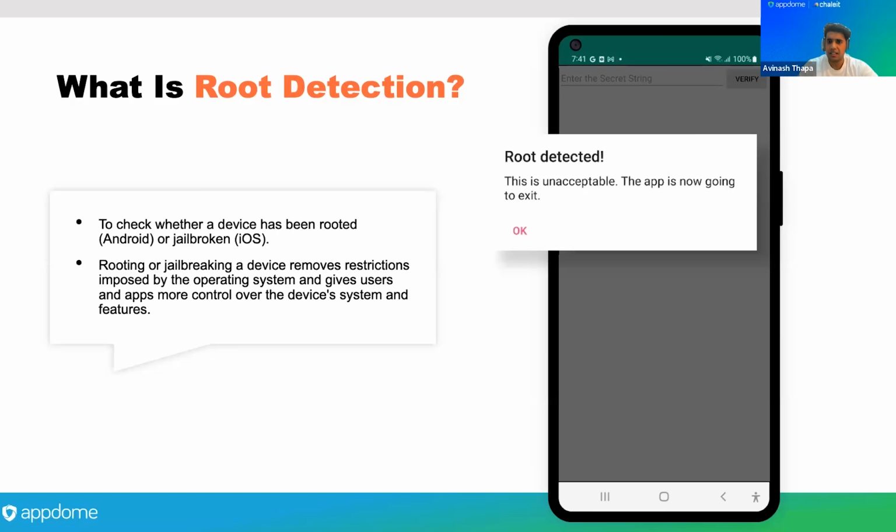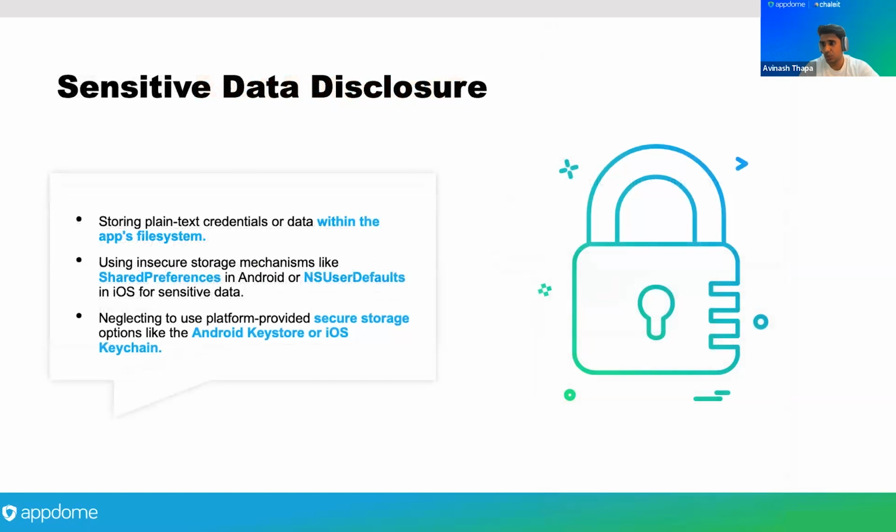After that, another major issue that every application faces is sensitive data exposure. Whenever we log into an application, we send a username and password, it generates a session token, and based on the session token, we can access other functionalities of the application, right?